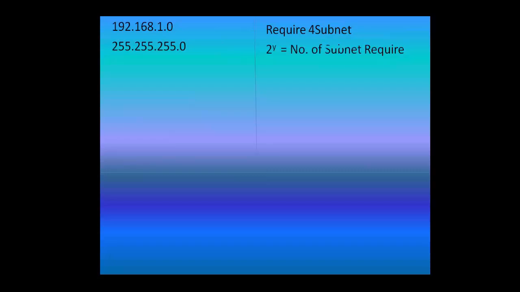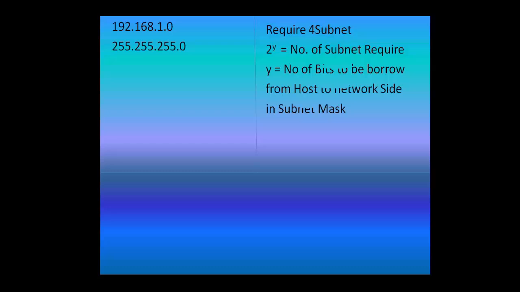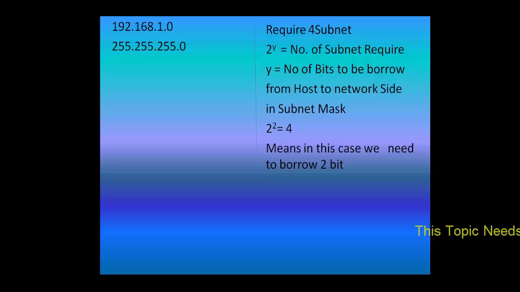Same IP series, taking 2 raised to power y as the number of subnets required, where y is the number of bits to be borrowed from the host to the network side in a subnet mask. So what value should I put here to get 4 subnets? 2 raised to power 2 is 4, meaning we have to borrow 2 bits from the host side to the network side.